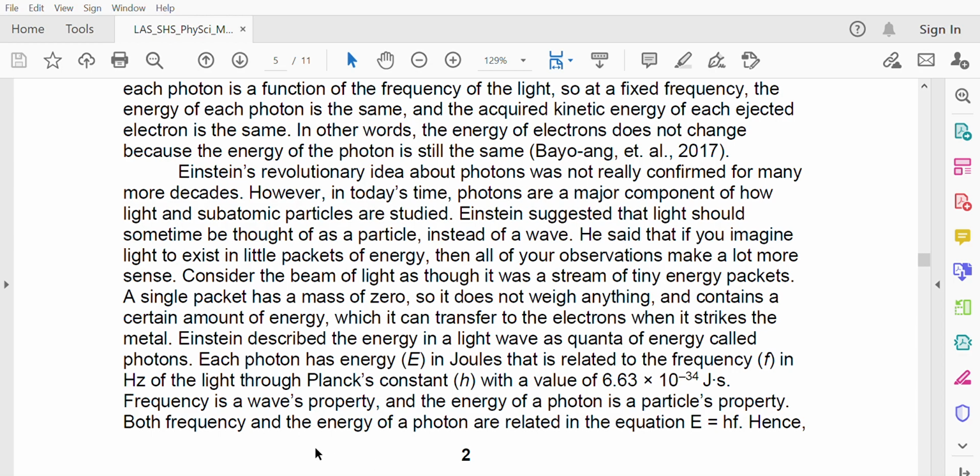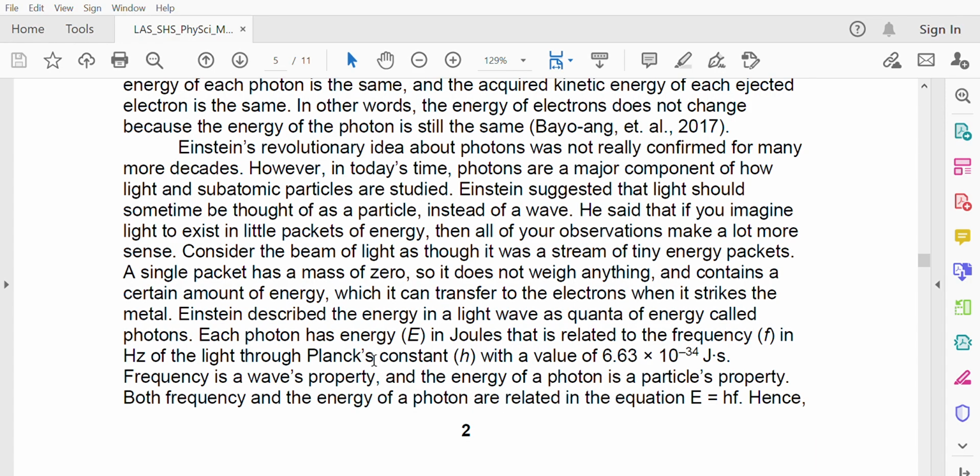Before we continue, let me introduce this to you. We have here Planck's constant h. It is a constant, so this will always be the value, with the symbol of small letter h and a value of 6.63 times 10 to the minus 34 joule second.